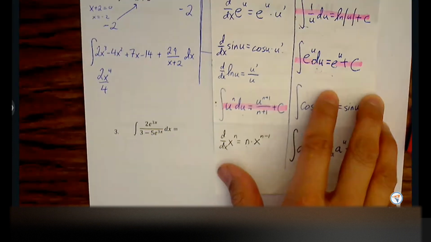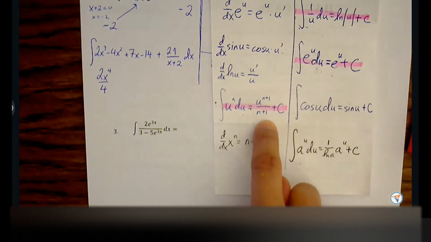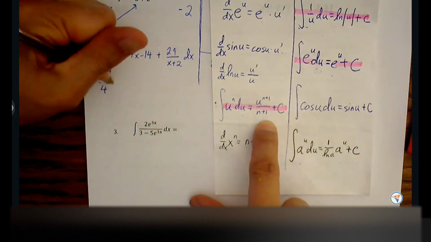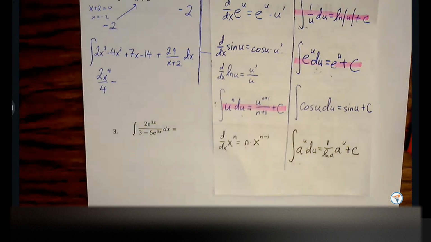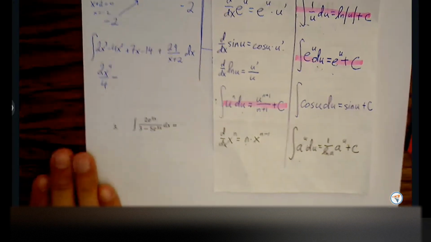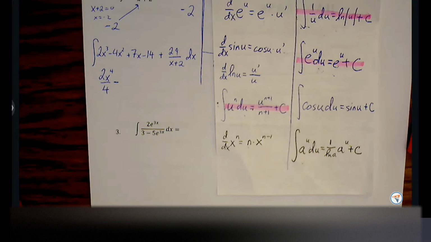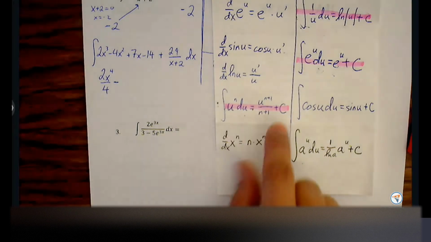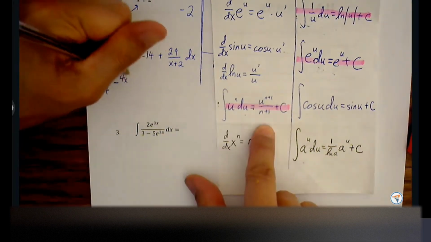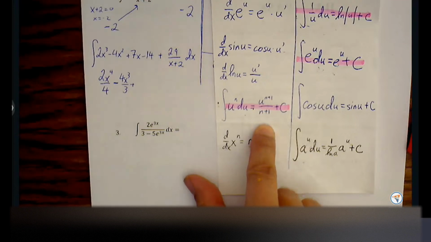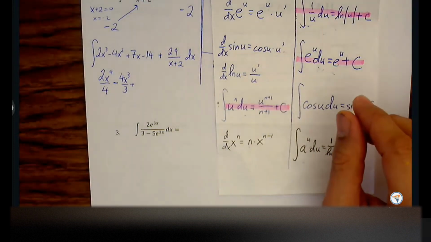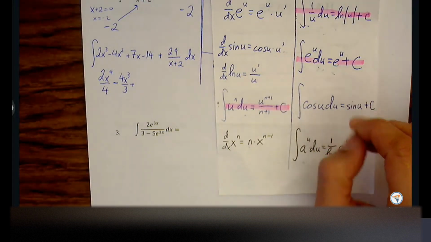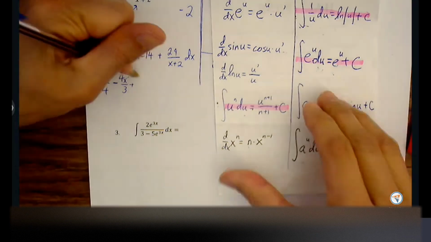This is the opposite of power rule for derivatives. Okay, so see if you can do the next one. 4x cubed over 3. Yeah. Okay, keep going. 7x squared over 2.